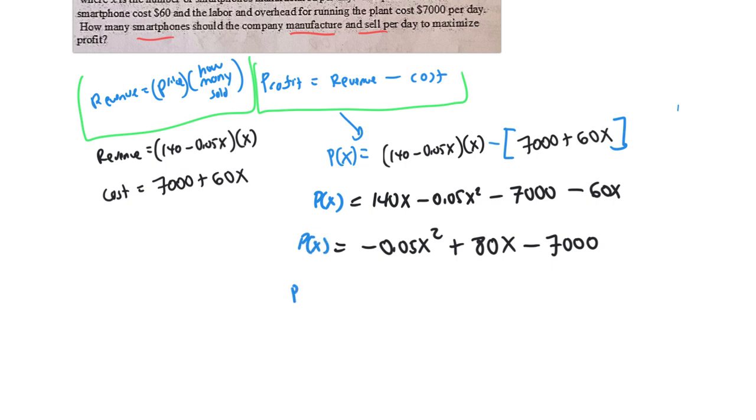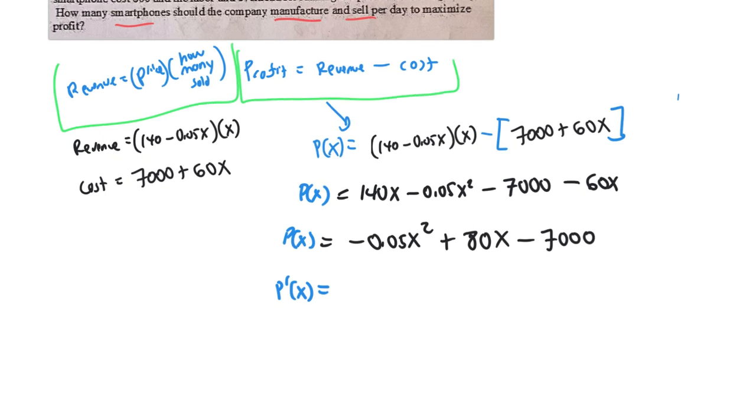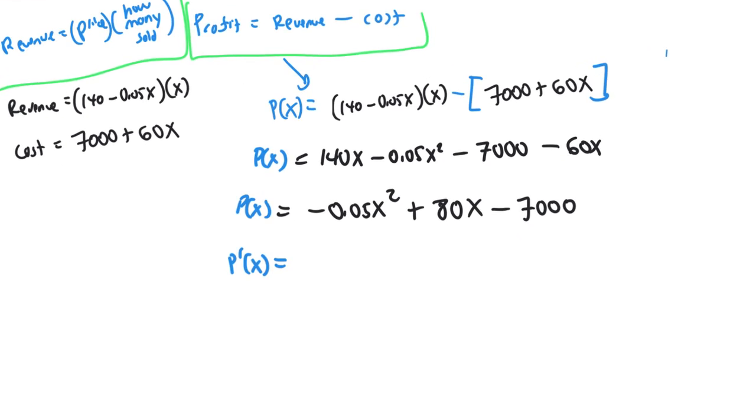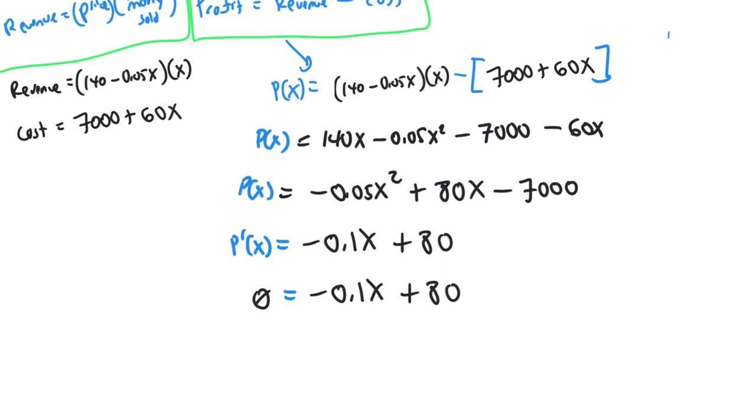Now we can go ahead and take the derivative of this. Of course, we'll be setting it equal to 0 soon. So we have negative 0.1x plus 80. We set that equal to 0, and that becomes this. Let's multiply everything by 10.